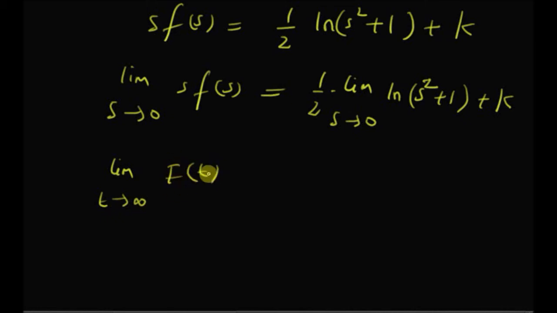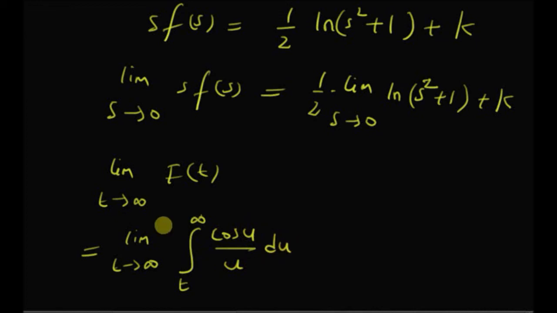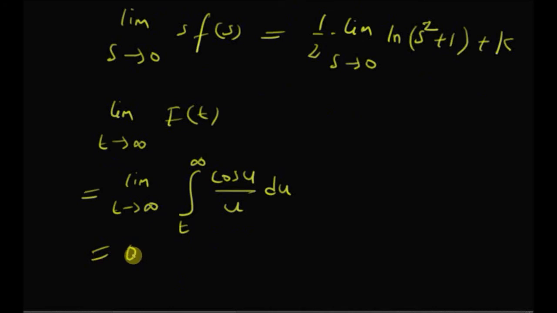And by the definition of f of t, this is equal to limit as t tends to infinity of integral from t to infinity of cos u over u du. So this is clearly 0, because as t tends to infinity, both the limits become equal and the integral should be equal to 0. So the left hand side is clearly equal to 0.